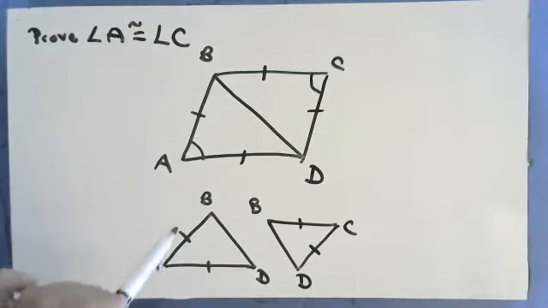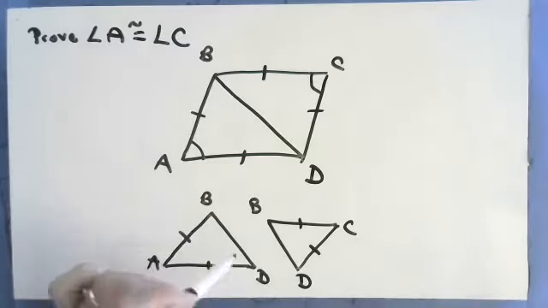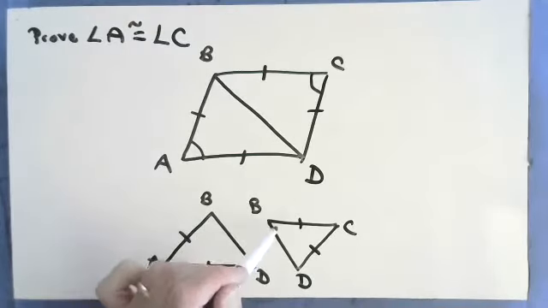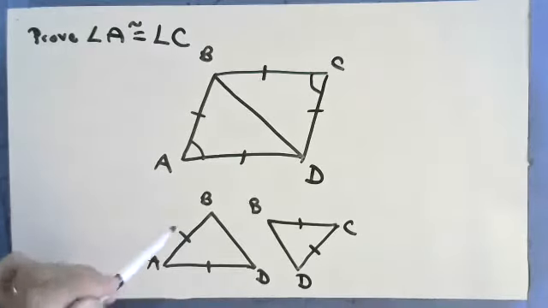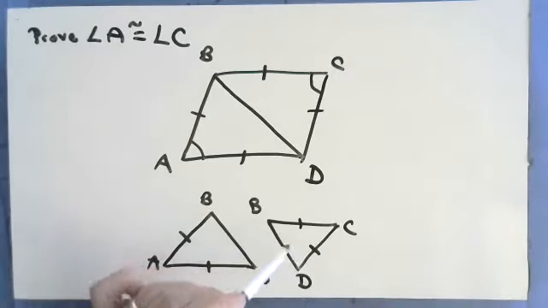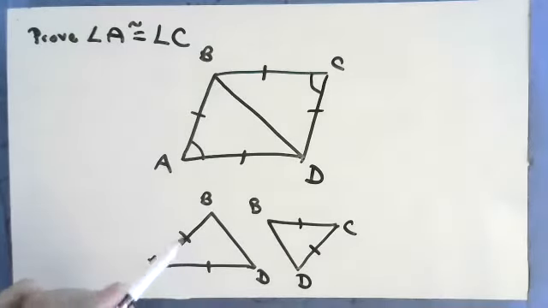And what we see right off the bat is that this is an isosceles triangle and that is an isosceles triangle. Now we can't assume that they're congruent just by knowing that they're both isosceles, not even by knowing that these two sides are congruent.